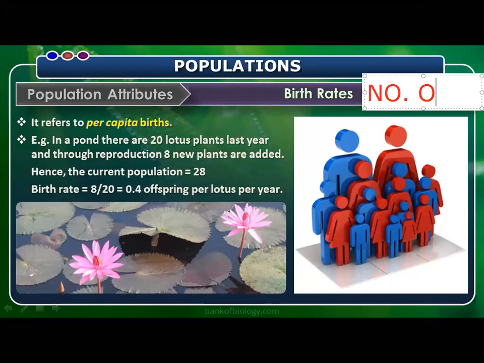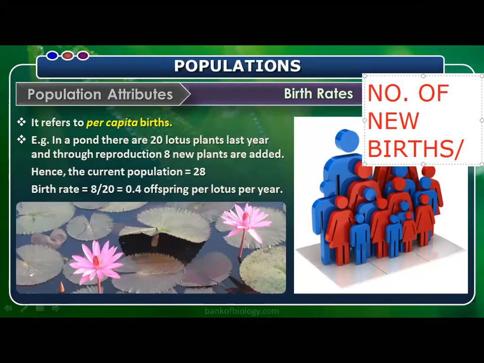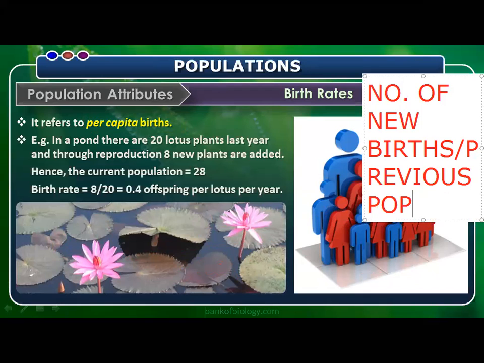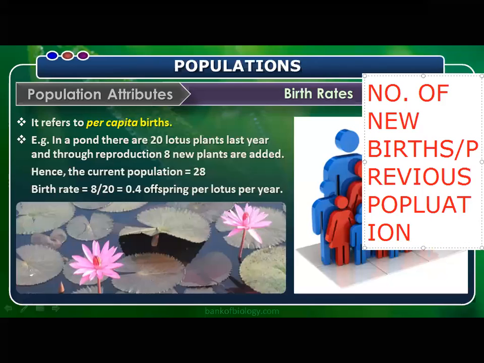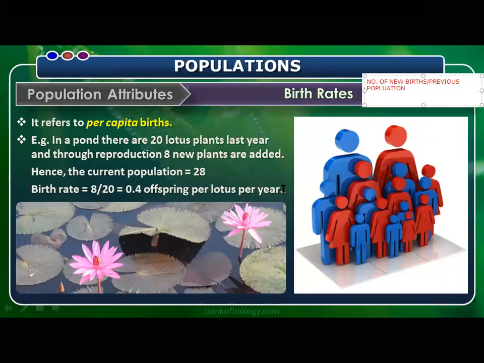Number of new births by previous population. The current population is 28, isn't it? So the previous population is before the births. So that we have to remember. Birth rate is equal to number of new births by previous population.